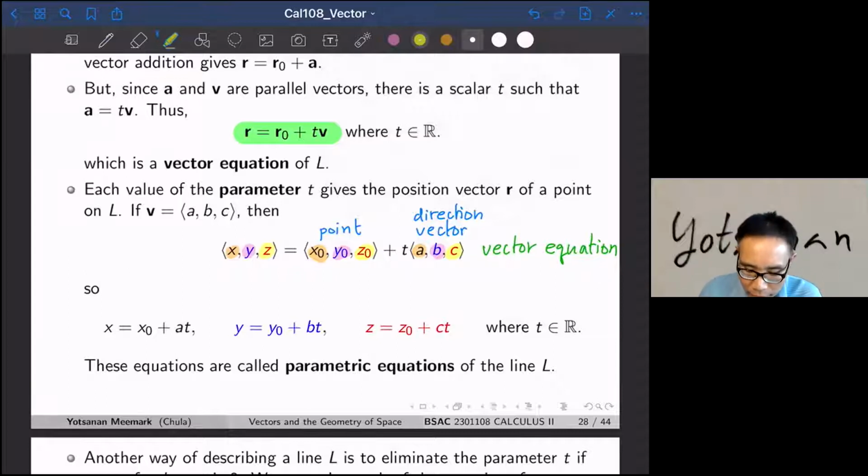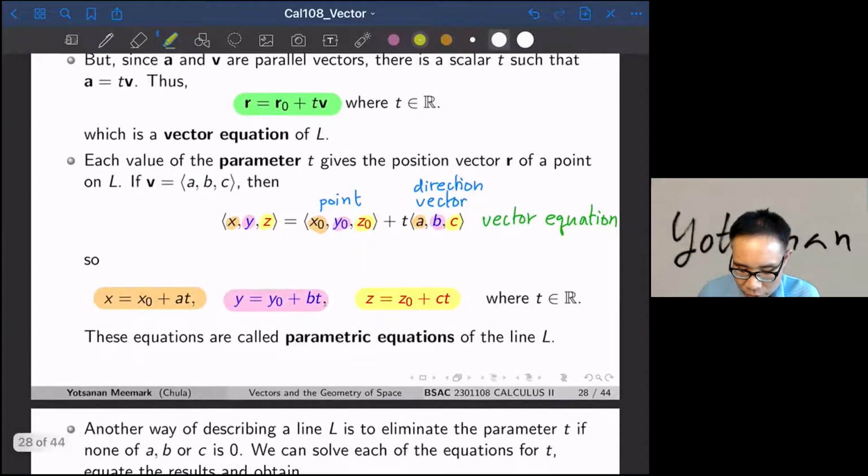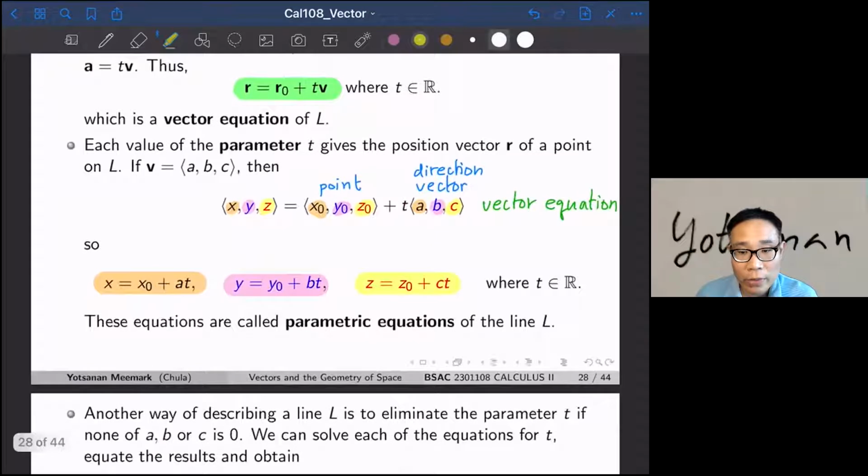The first component, x, will be equal to x0 plus at. y will be equal to y0 plus bt. And z will be z0 plus ct, where t is a real number.